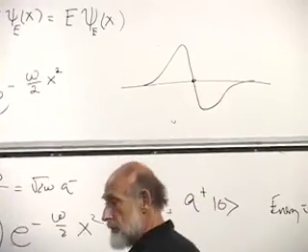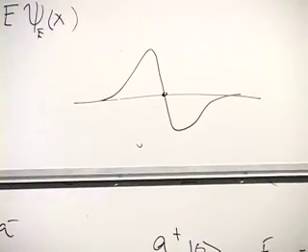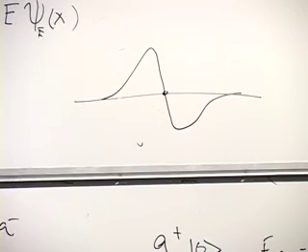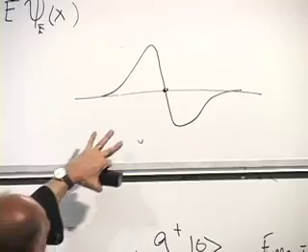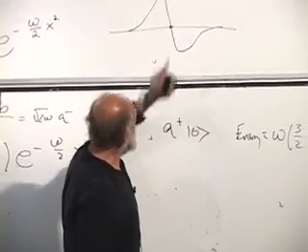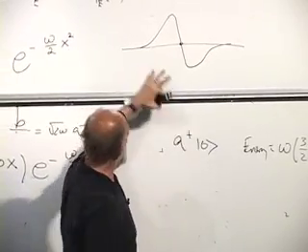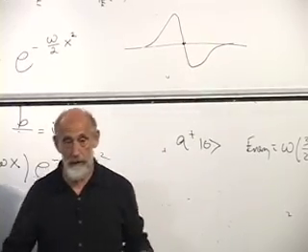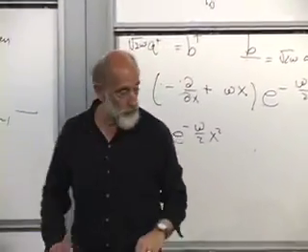It's 0 at x equals 0. It has one node, a place where it crosses the axis. So that's the wave function of the first excited state. It's 0 at the origin, and far away it looks pretty much like a Gaussian.